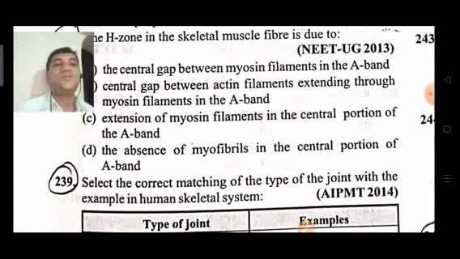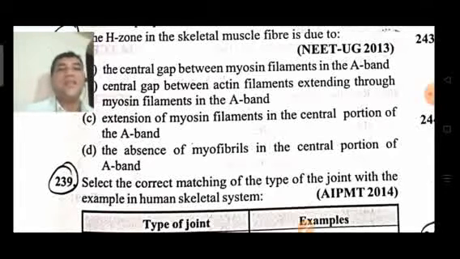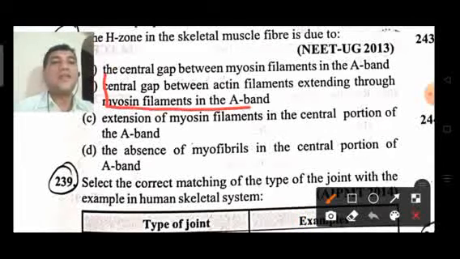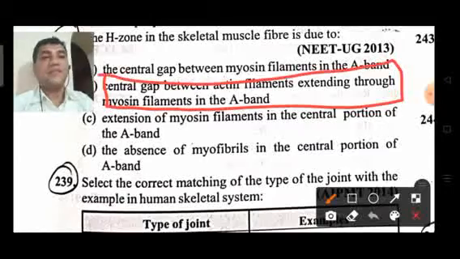The H zone is a gap present in the A band where the actin filaments do not collide in the resting position. So here, it is the central gap between actin filaments.